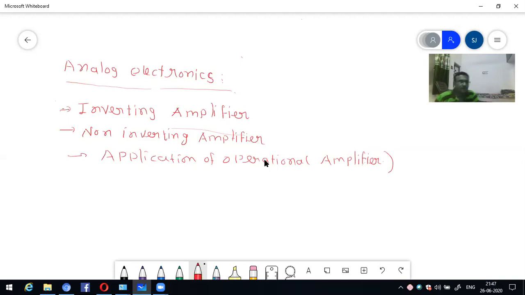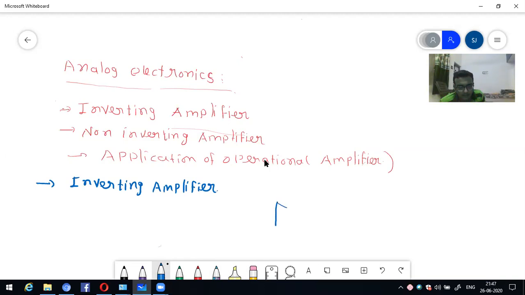So first of all, we start with a new topic which is known as inverting amplifier. So what is the meaning of inverting amplifier?